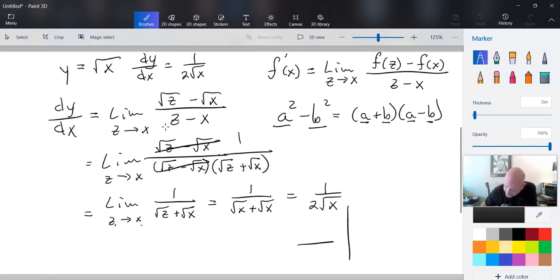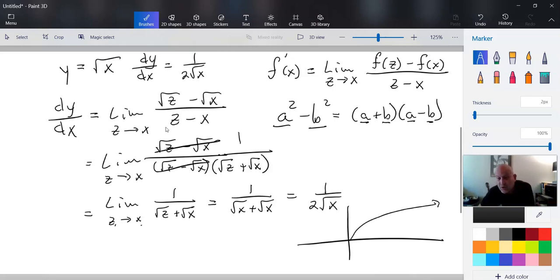What that means is I can find the slope at any point on a square root function now. So if I plug in the point 4, this would be 1 over 2 times the square root of 4, and that gives me 1/4, right? So here the slope is 1/4.